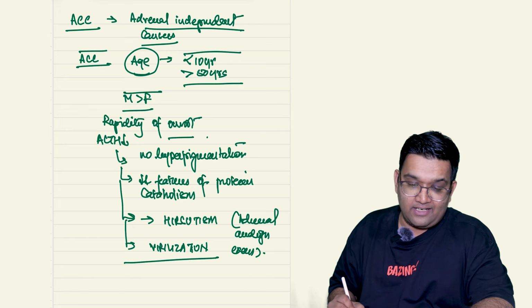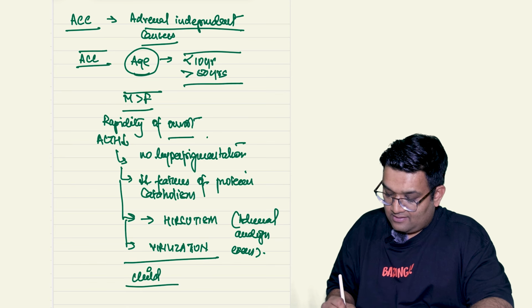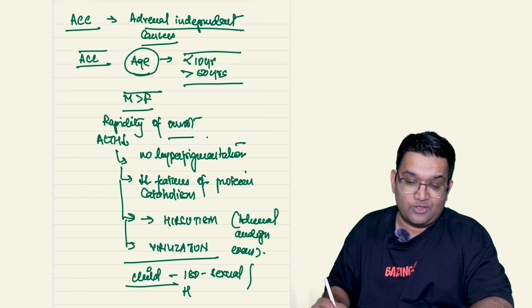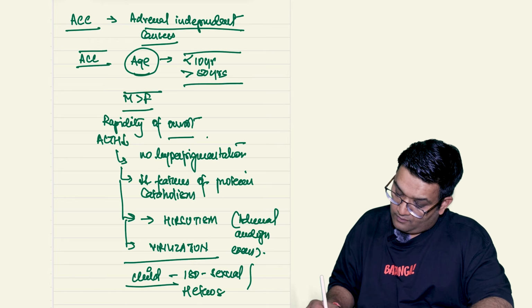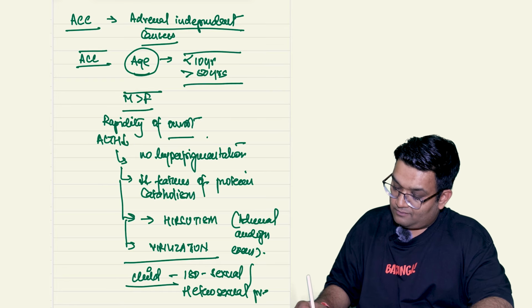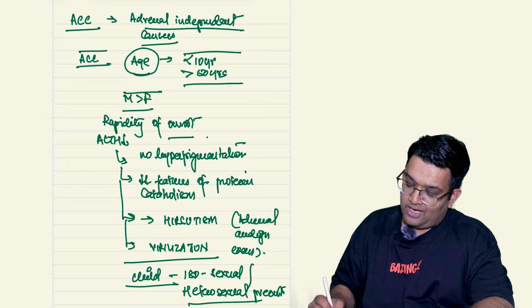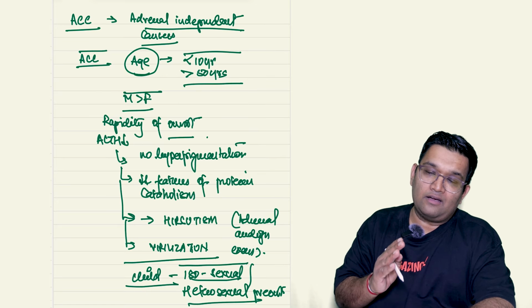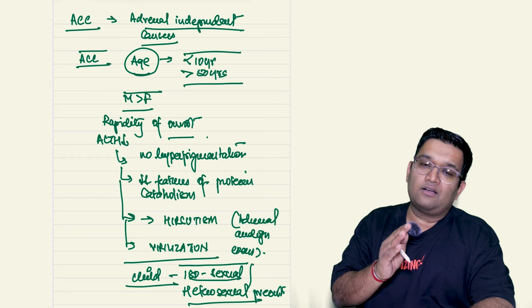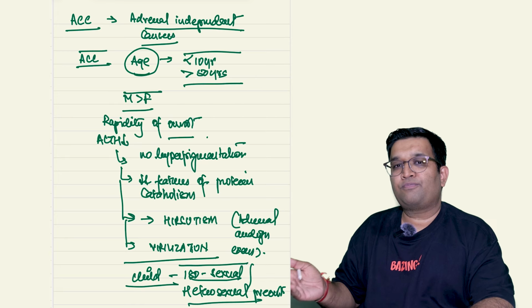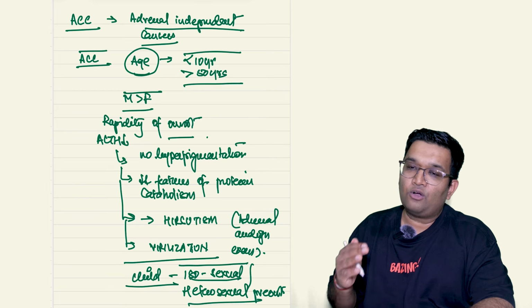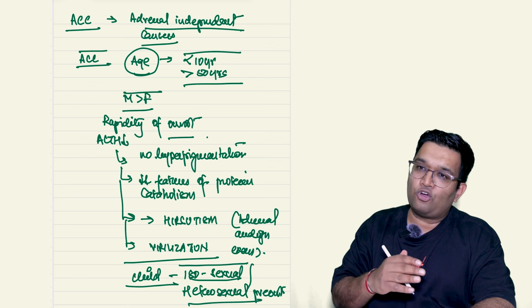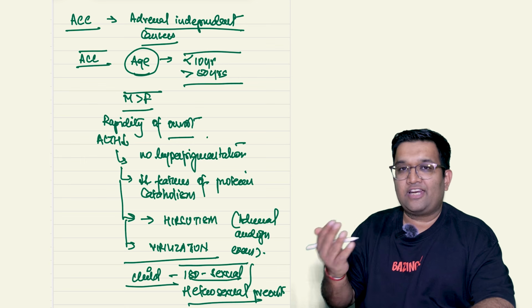And it can also present in a child as isosexual or heterosexual precocity. What is this isosexual heterosexual? Isosexual precocity is that there is a male and that male is getting the precocious signs of puberty, that is the secondary sexual characters of a male itself. While in case of heterosexual, it's a female child, and because of the androgen excess, she is getting virilized.